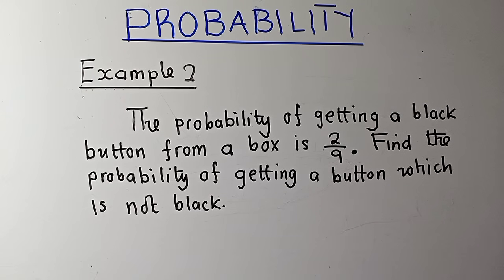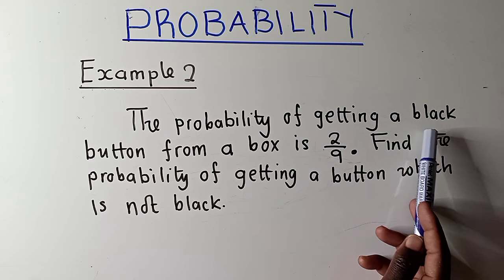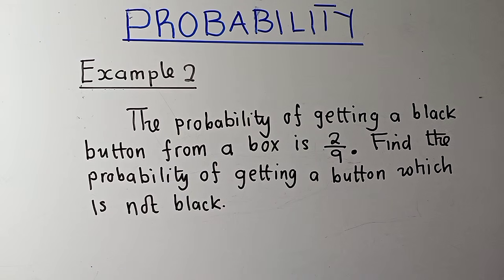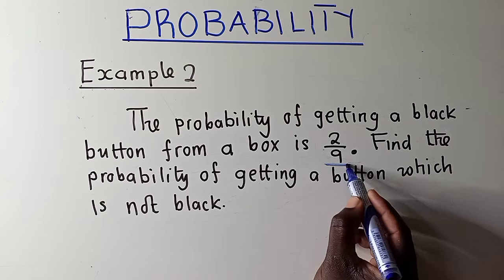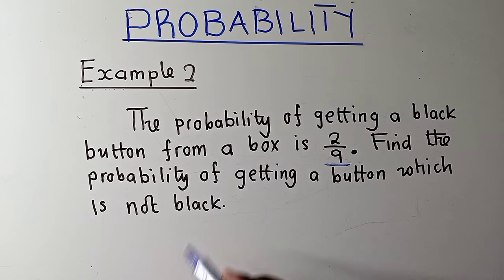All right, so example number 2, we've been given the probability of getting a black button from a box. Find the probability of getting a button which is not black. If you compare the previous example and this one, I talked about adding two probabilities and getting a 1.